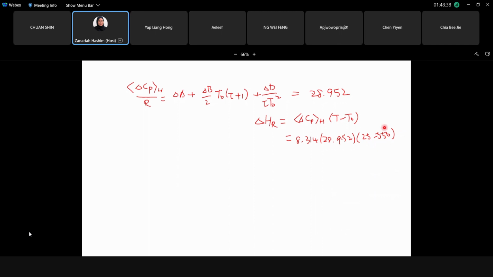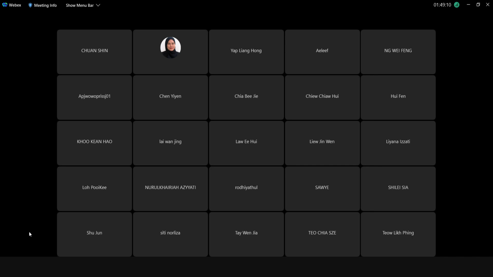If you reverse it, the sign will be reversed and your final answer will be wrong. So this is negative 126.369 joule. Up to this point, any questions? Who doesn't understand up to here?